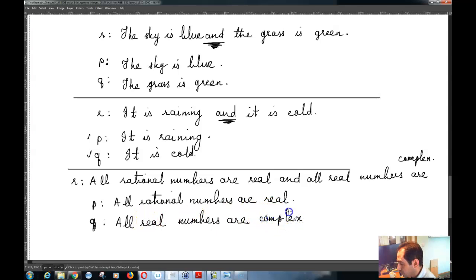And these two component statements are connected using an and.